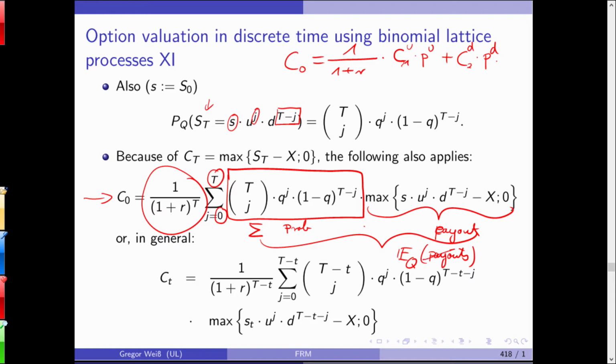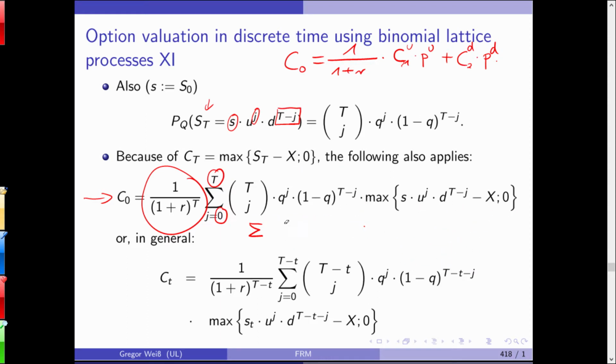Now, again, let's make it a little clearer here. The only difference between this and this here is that this is the price of the option at t equal to 0, and this is the price at any point in time t.